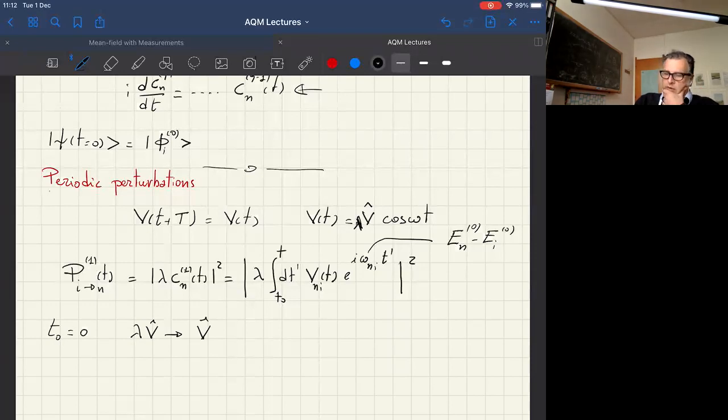So first of all, in order to calculate this integral, we have to compute the matrix element and then do the time integral. Now the matrix element will be V. Sorry, I just made a mistake.